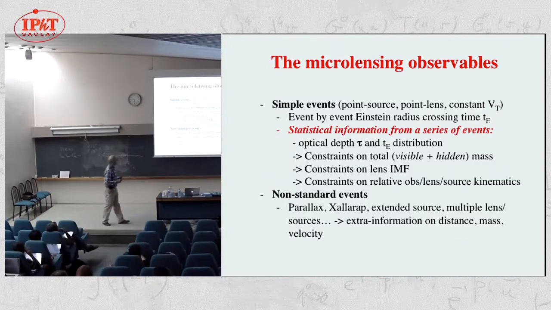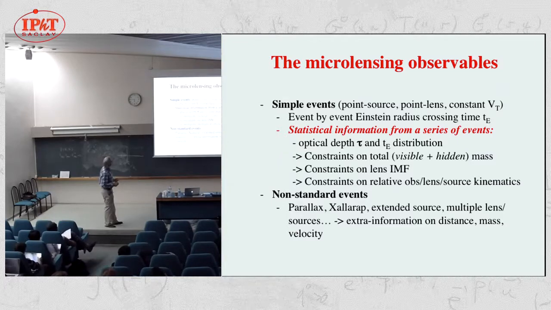From one event like this, the only observable you get is the Einstein radius crossing time, which is the ratio between the Einstein radius and the transverse velocity, R_E divided by V_T, or the time you need to cross the Einstein radius.